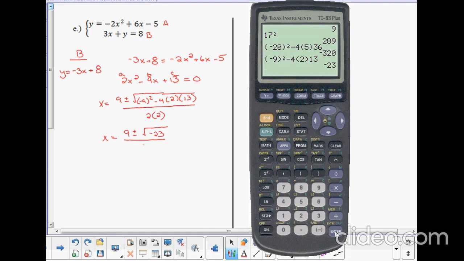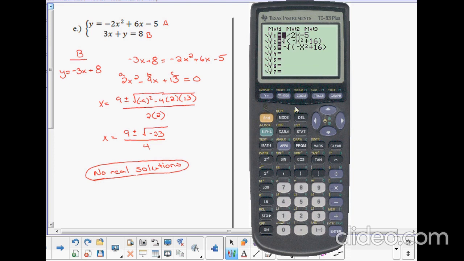And at this point, we can go ahead and stop the solution process. Yes, we could simplify this and give imaginary solutions, but we are looking for the real answers here for this system of equations. We're looking for the intersection points of the system. So there are no real solutions here.